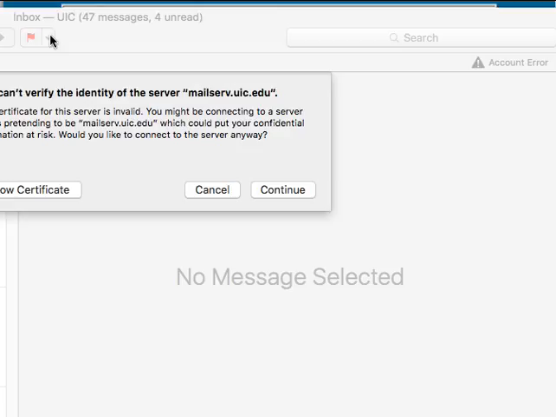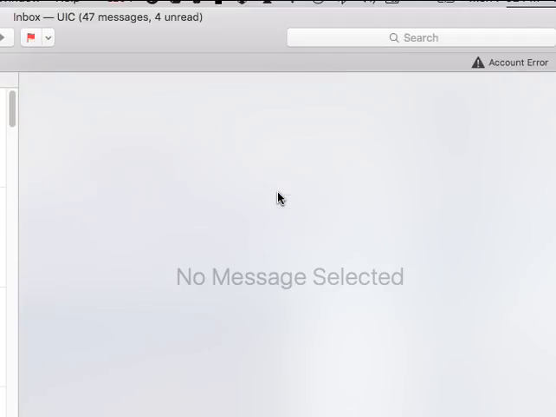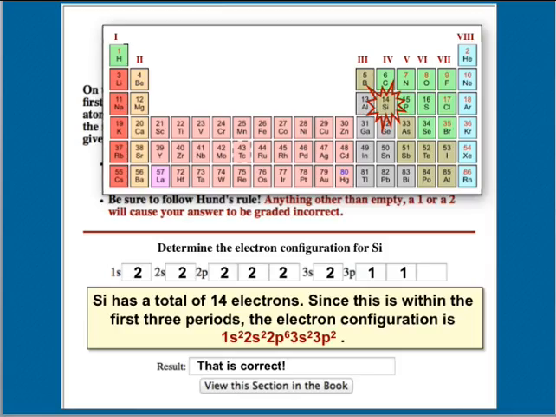Now, go ahead and try this tutorial. Once again, it's worth 5 points to you if you can get it. We're back on the end.